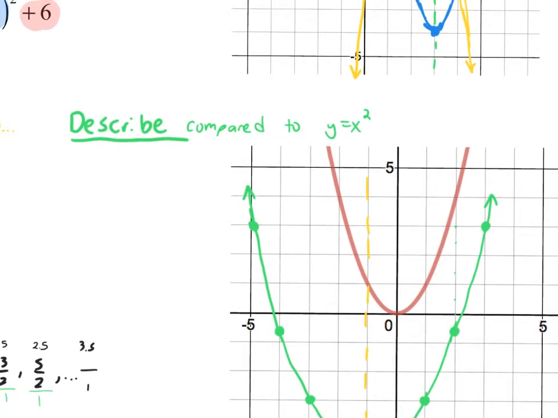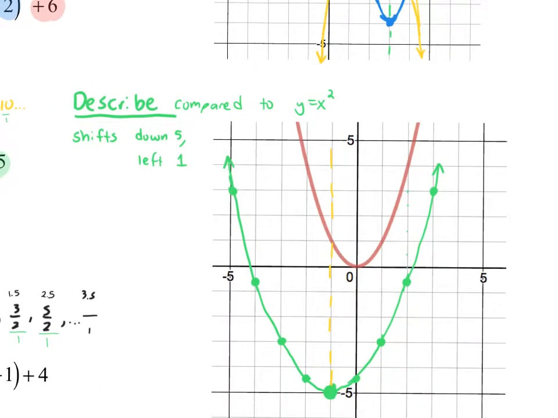So what are some things? Number 1, it shifts or translates down 5 and left 1. Next, we can say it opens wider and up. And there we go. That's a quick description.